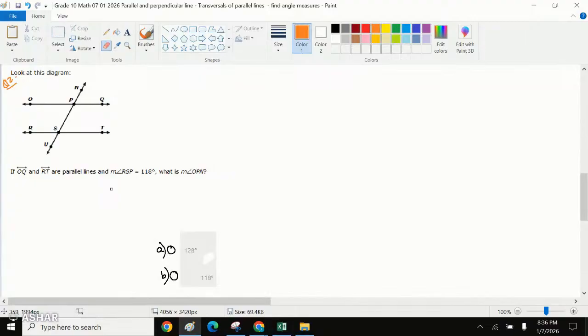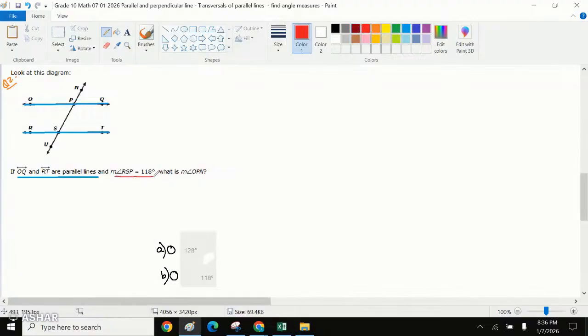If we have QR and RT, right? We have a pair of parallel lines. I'm doing it gradually so that you are always ahead of me.